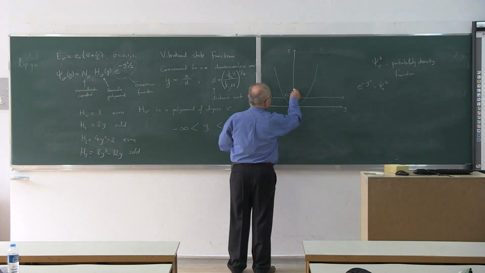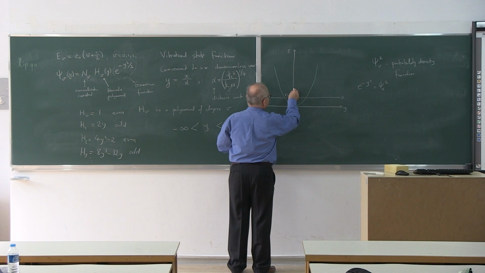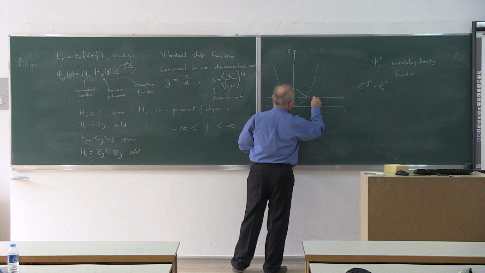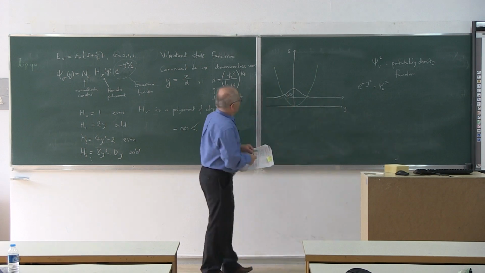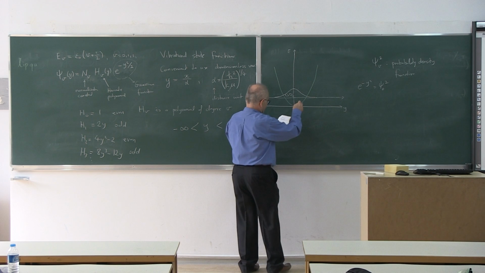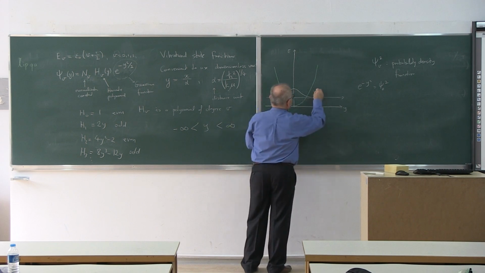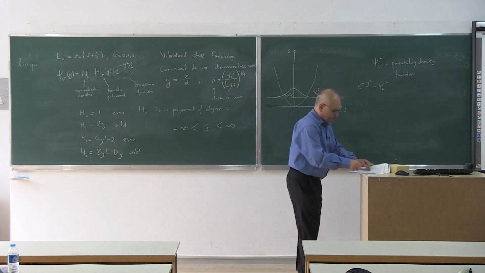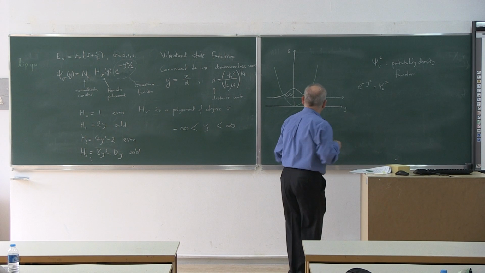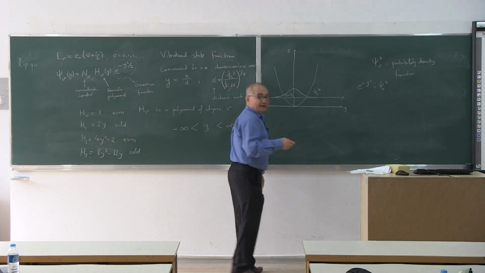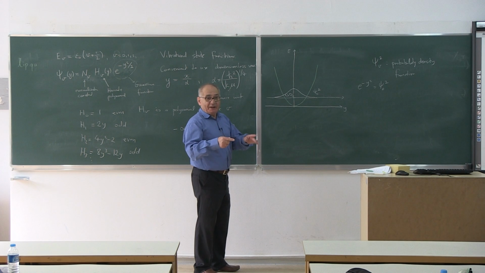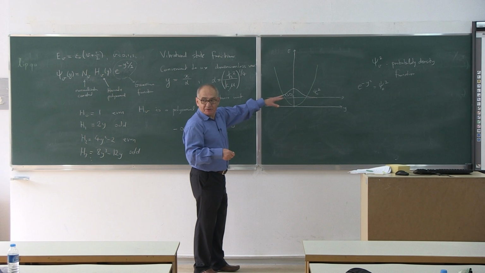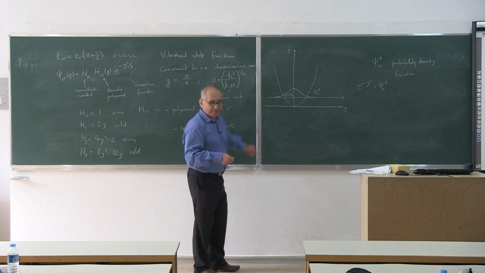So the graph of it, the qualitative graph, this is psi 0 square. Now, let us compare the quantum result here with the classical expectation.